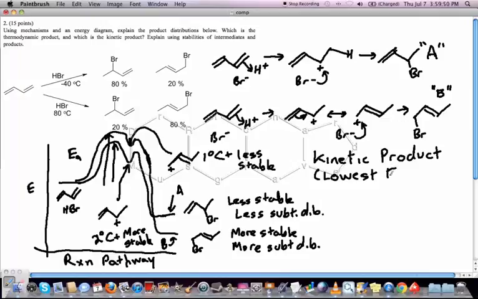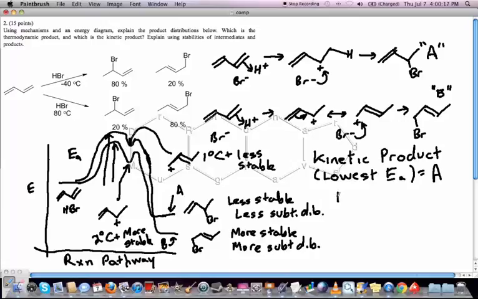That's got the lowest activation energy, and this will be for A. Alright, so the kinetic product is going to be A because it has the lowest activation energy. See, here's A here, and it has a lower activation energy to get to it.